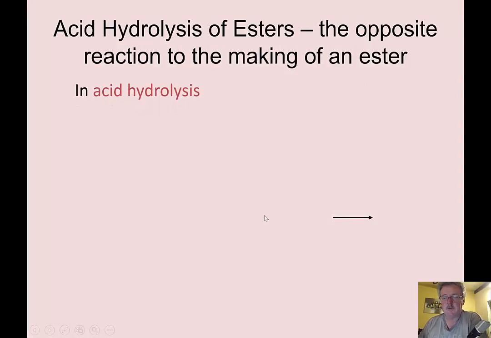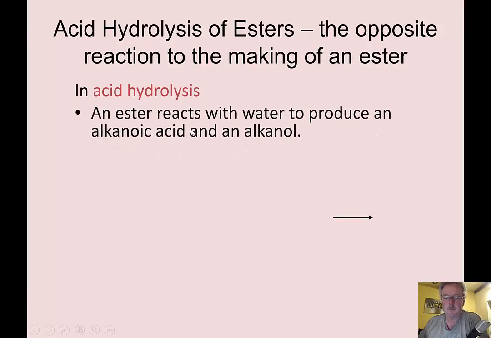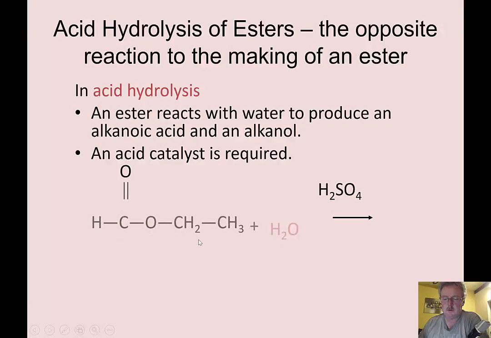Now the opposite to making an ester is acid hydrolysis, and that's this equation here. An ester reacts with water to produce alkanoic acid and an alkanol. So it's going in reverse, and it needs a catalyst to force it to go backwards, an acid catalyst. And here's the equation.